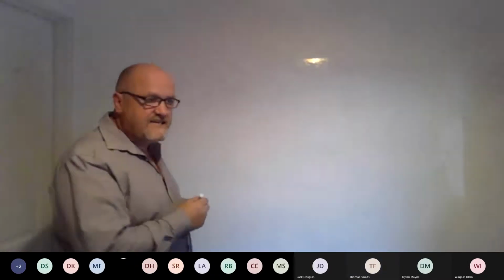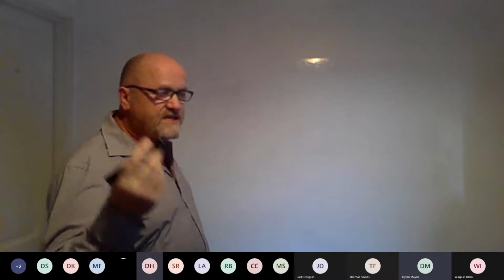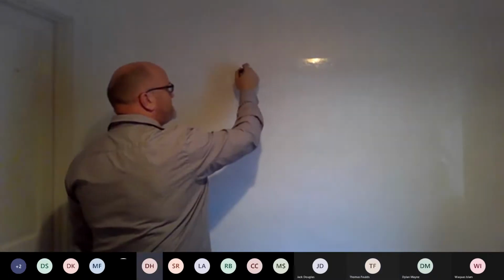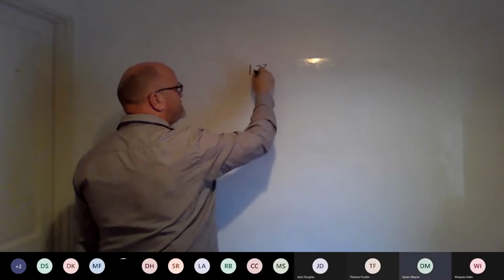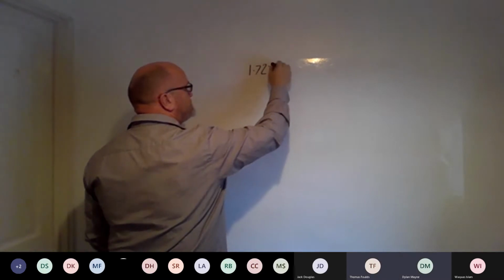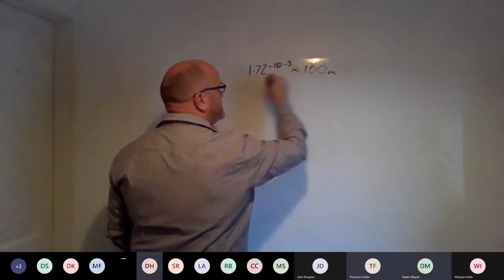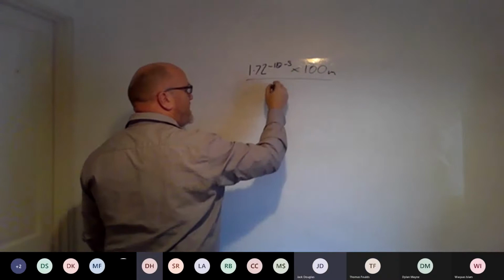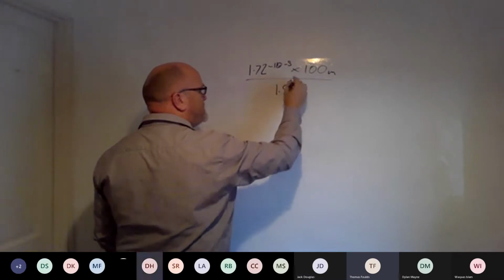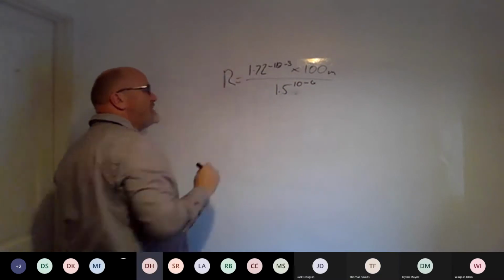Right. If you've got your calculators now, or your iPhones, not brilliant, but you can copy this down, and I'll put the figures in. Resistivity, I've got 1.72 times 10 to the minus 8, times 100 meters, divided by 1.5 millimeters squared, or 10 to the minus 6, and I'm going to get a resistance reading from that.